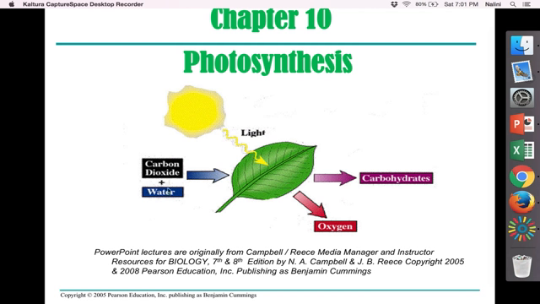So this light is captured with these energy-less molecules. Light is energy, and plants are able to make carbohydrates, and in this process they release oxygen. This is what is photosynthesis.